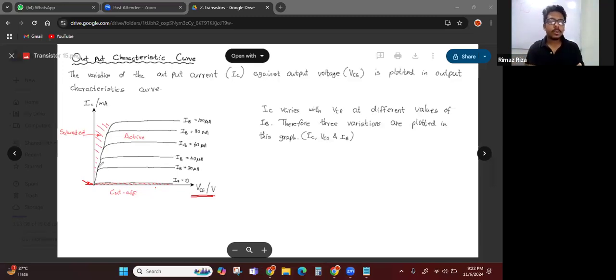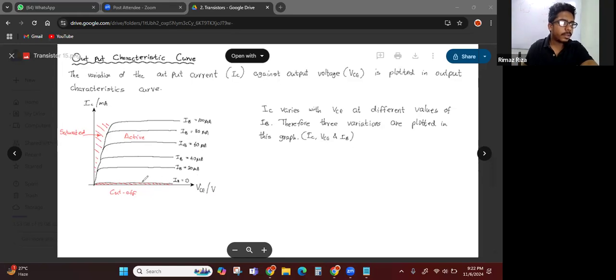Therefore it is known as the cutoff region. That is similar to the cutoff region we marked in the previous graph, because in that region the BE junction is not biased. Did you all understand how this IC is 0? Akhil, did you understand?